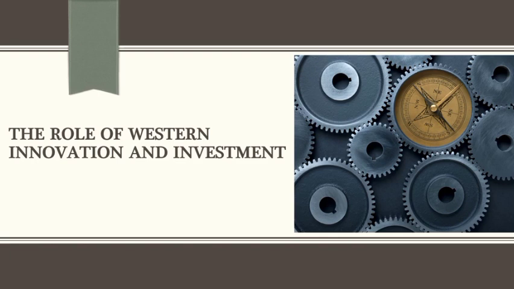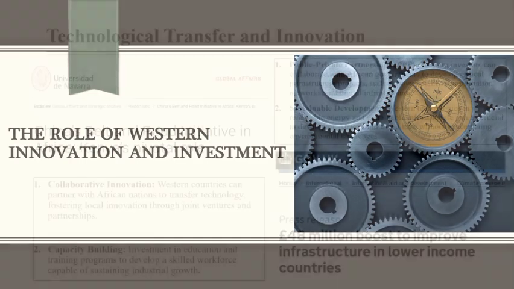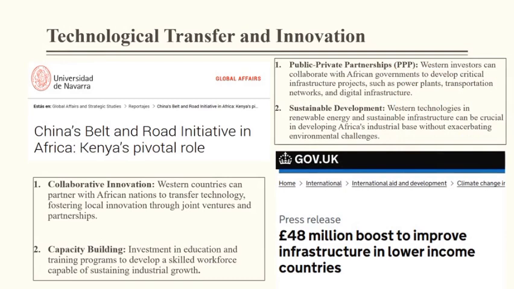So having drawn out that Western countries are actually doing far better than us, we can also figure out the role they have to play in helping us as Africans, and helping the African continent, towards real and sustainable innovation and infrastructural development. Now, the first thing we're going to be looking at is technological transfer and innovation.